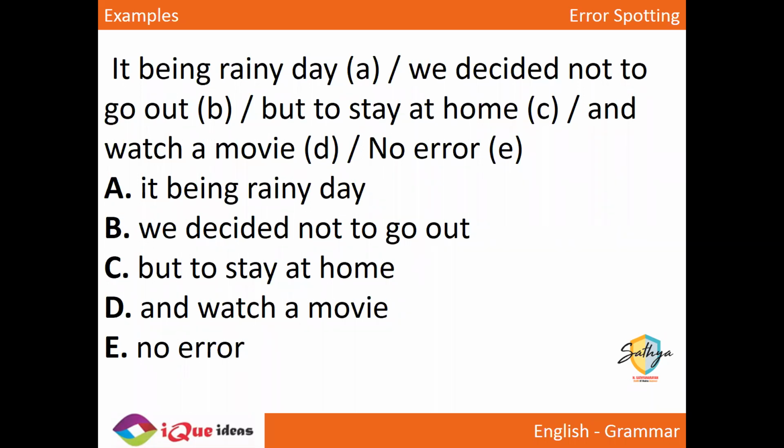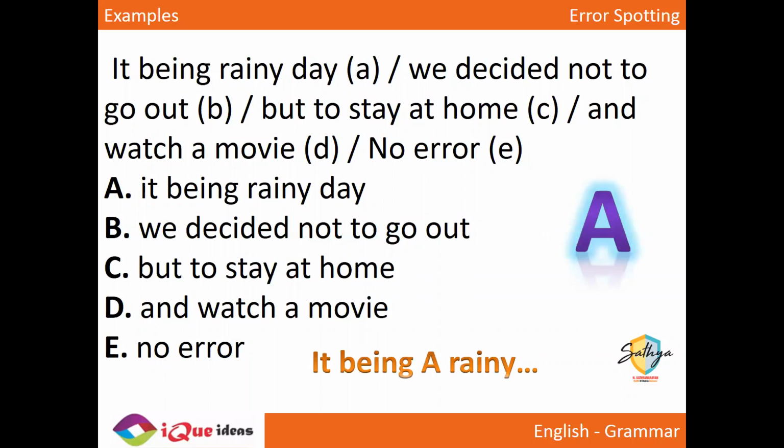Very good. Okay. So again, it being a rainy day, the proper construction of this sentence requires the particular article. It being a rainy day, we decided not to go out but to stay at home and watch a movie.